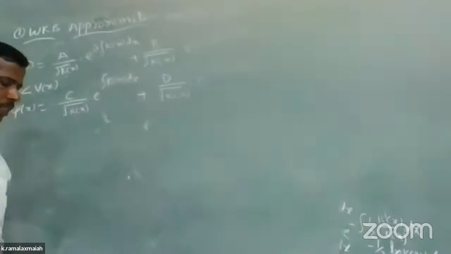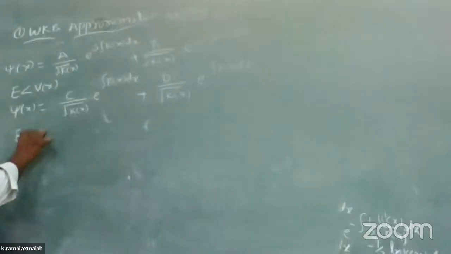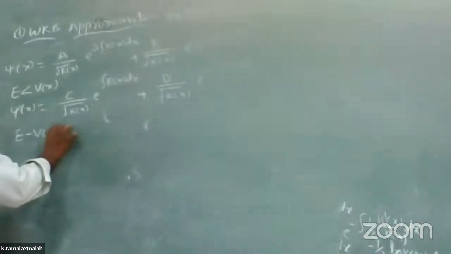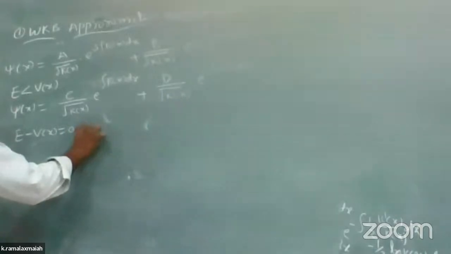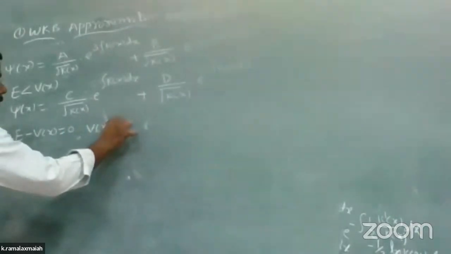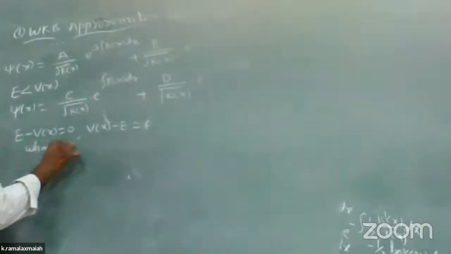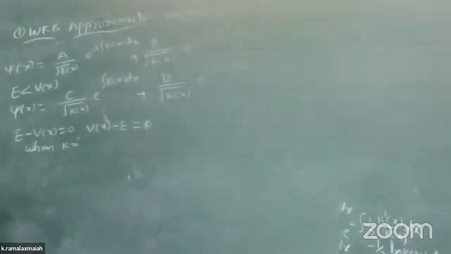They expect the value E minus v of x is equal to 0, comma, v of x minus E is equal to 0, when k is equal to 0.